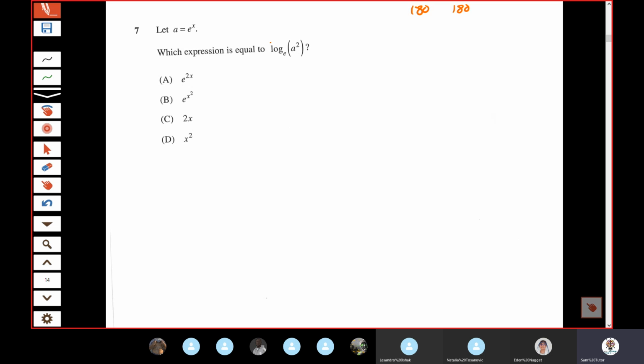Let's see. ln a is x, squared. What do you do with a power to a power? Multiply, e to x. And then the log and the e cancels out. And what are you left with? Just 2x. So the answer is C.